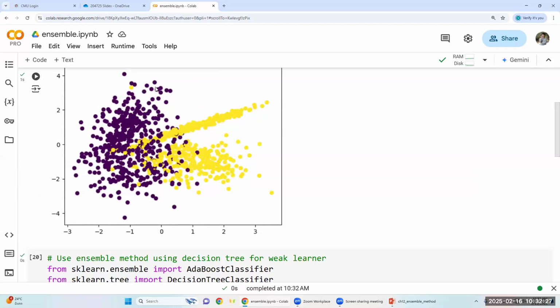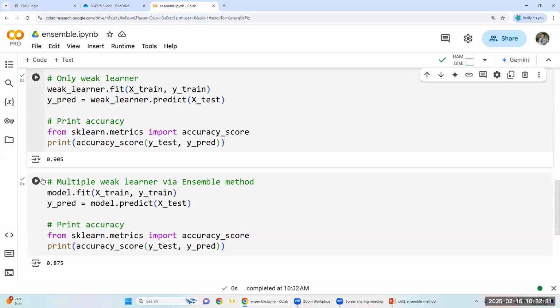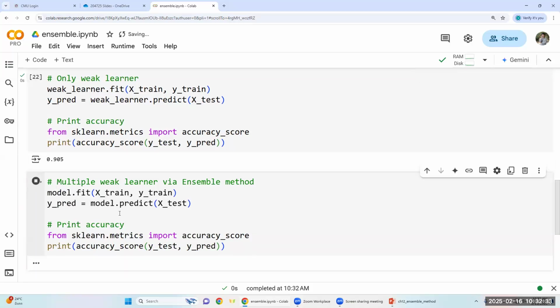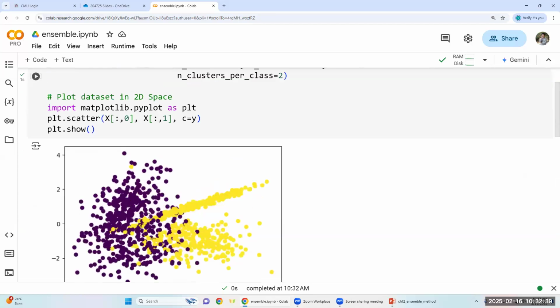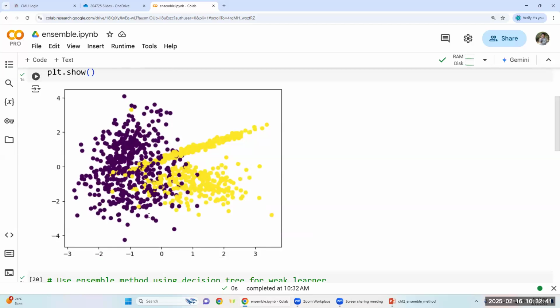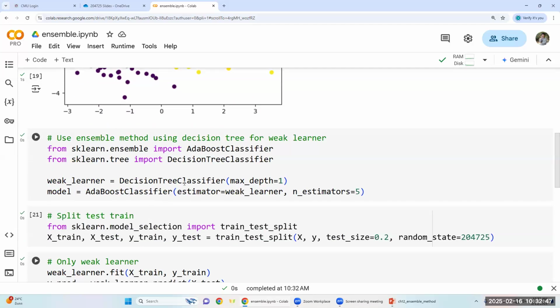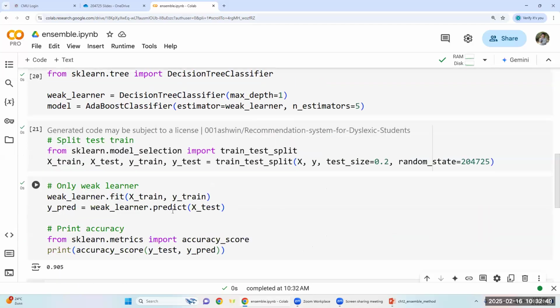So it's still linearly separable, right? And then you get the same one. Okay. Right, so the ensemble method doesn't always guarantee an increase in the classification.